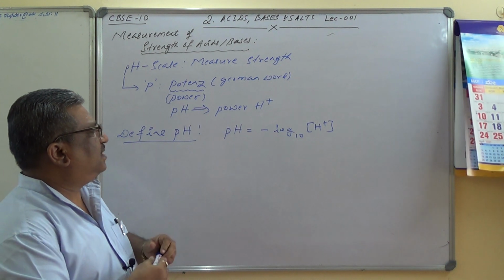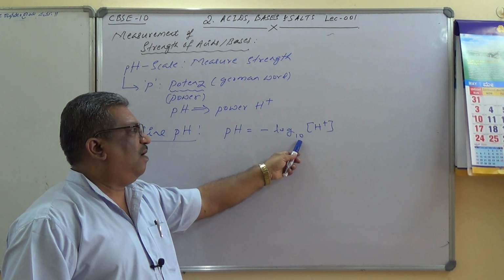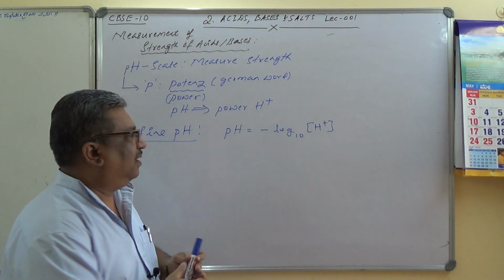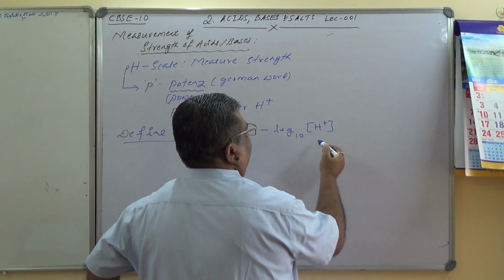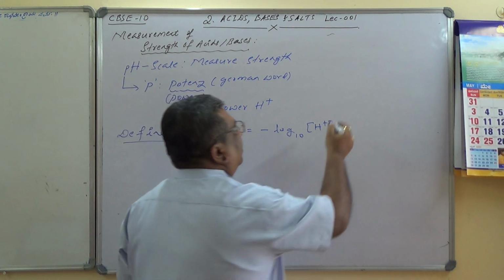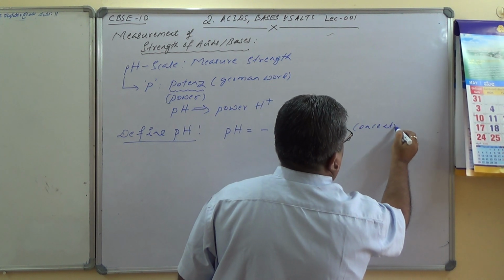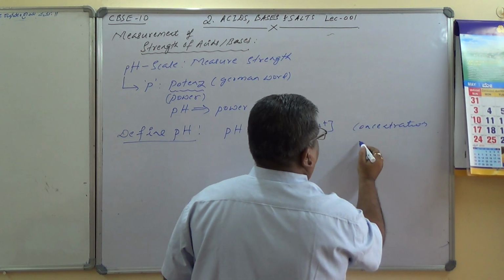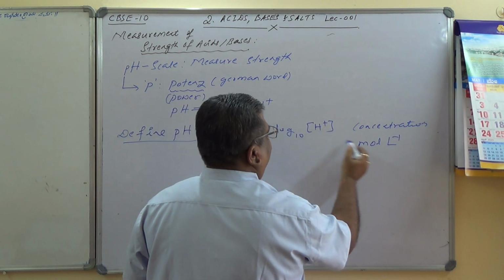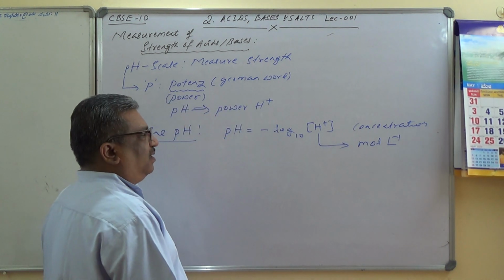See, pH is defined as the negative logarithm to the base 10 of hydrogen ion concentration expressed in moles per liter. That is also very important, because the concentration of chemicals, basically the reactants and products, is measured in moles per liter. Concentration is measured in moles per liter, and here the concentration of H plus ions is expressed in moles per liter.